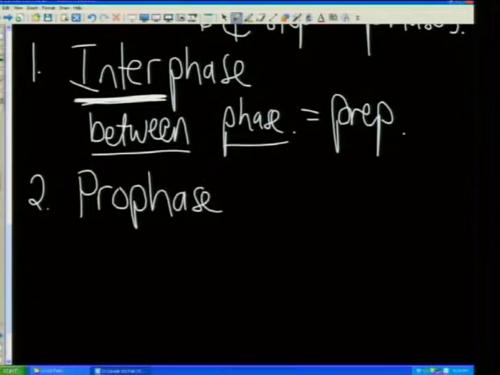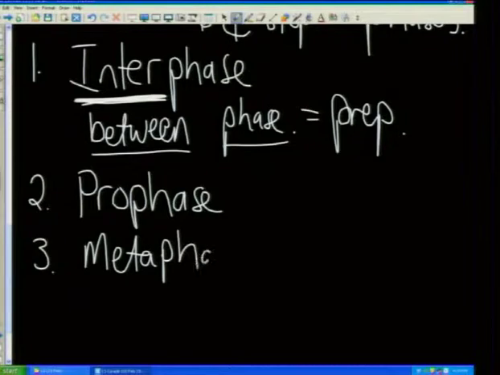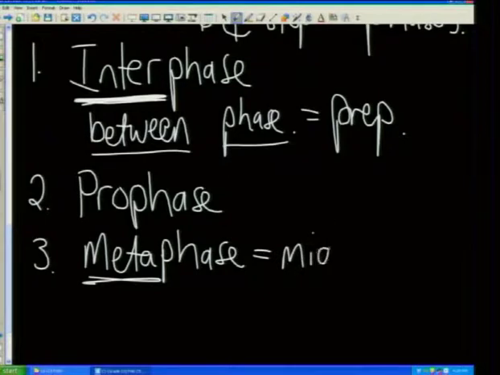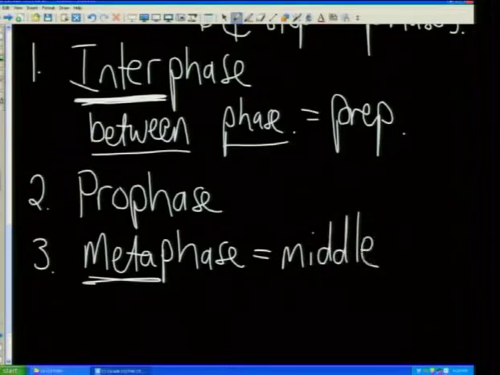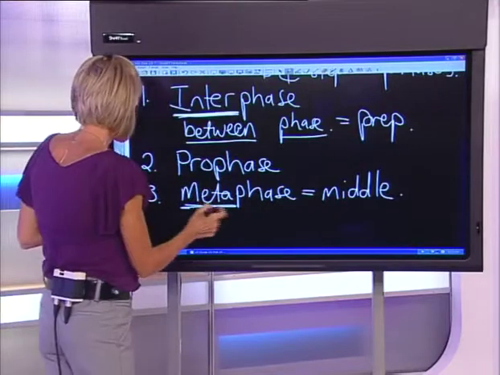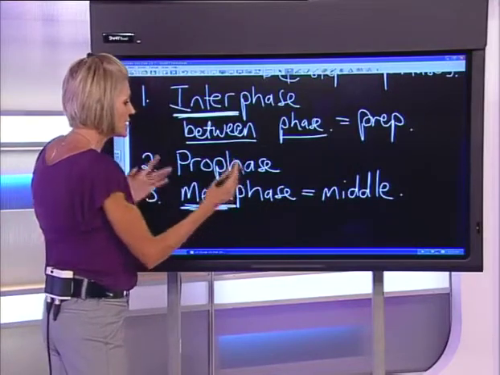Okay? And then your third one is metaphase, which stands to reason, because if there are 5 steps or 5 phases and the first one isn't really a phase, meta means middle. Whenever you see the word meta, it always means middle.